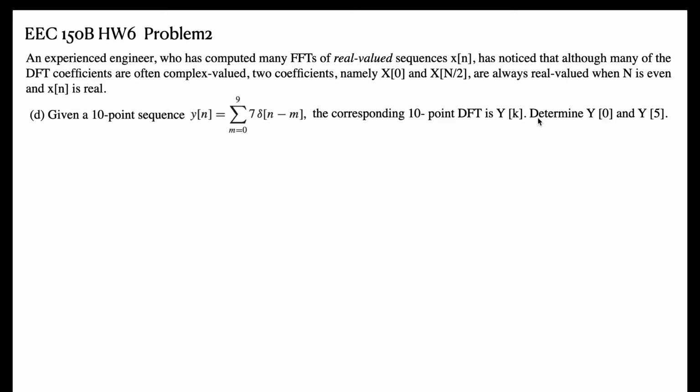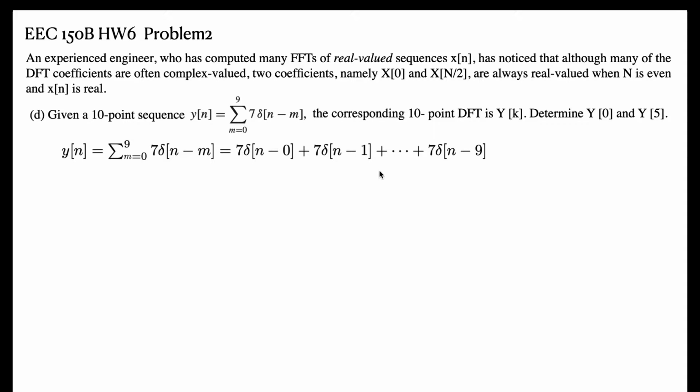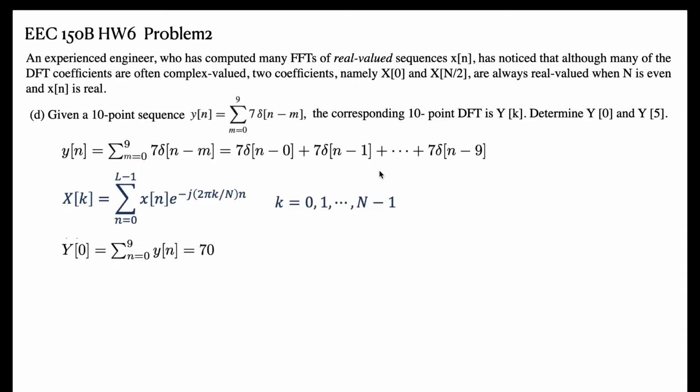So first of all, you can write down Y[k] with different values of n in sequence. Since k is 0 for Y[0], the exponential term is 1. So now, when you sum up y[n] from n equals 0 to n equals 9, you will get 70.